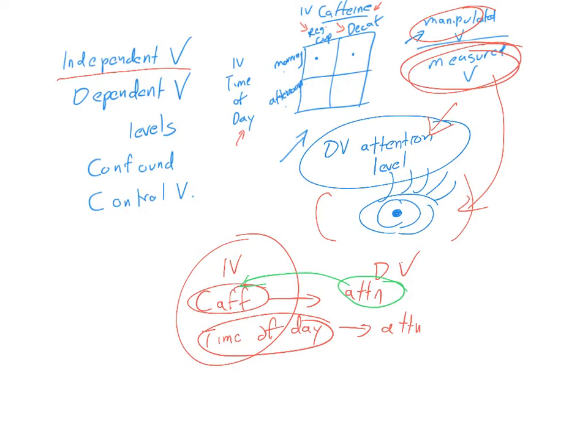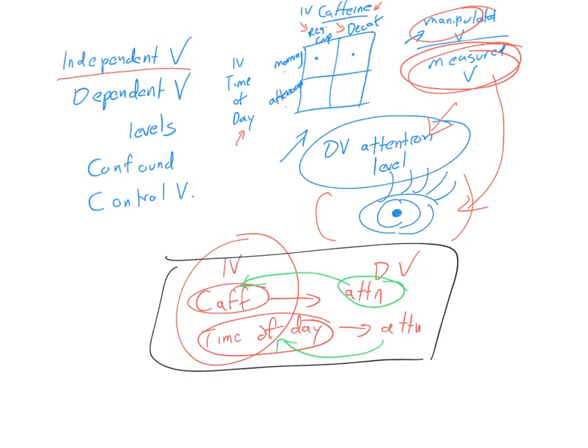No, that's still kind of a fuzzy example, but how about this one? Does my attention level somehow change the time of day? Imagine the participants in the room, they're paying less attention. Because they're paying less attention, the time of day changes around them. No, that doesn't happen, right? So sometimes you can logically think through it and see which one's the IV and DV. Is it even possible for you to have the flip?